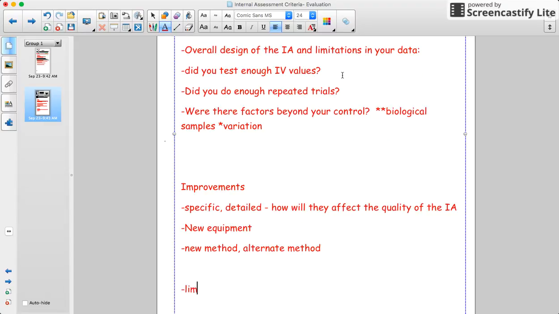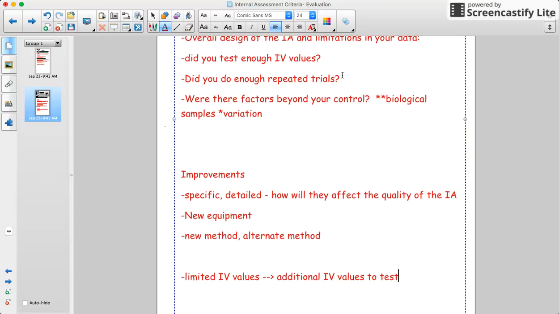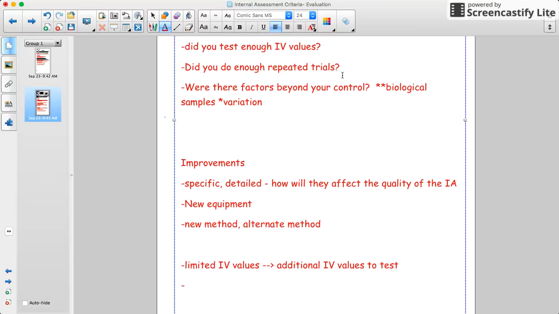If I've got limited IV values, then what are the additional IV values to test? Don't just say, I would test more values. Suggest which ones you would test. The number of trials, how you would increase that to lower random error.